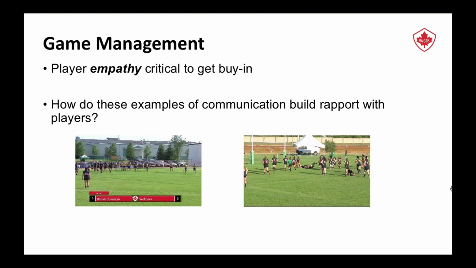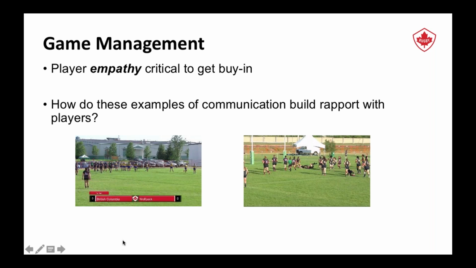All right, a couple really subtle examples that we can touch on here. So in the first one, the referee is in a 0-0 game, early in the game, looking to ensure that we establish some consistency in a certain phase of the game.